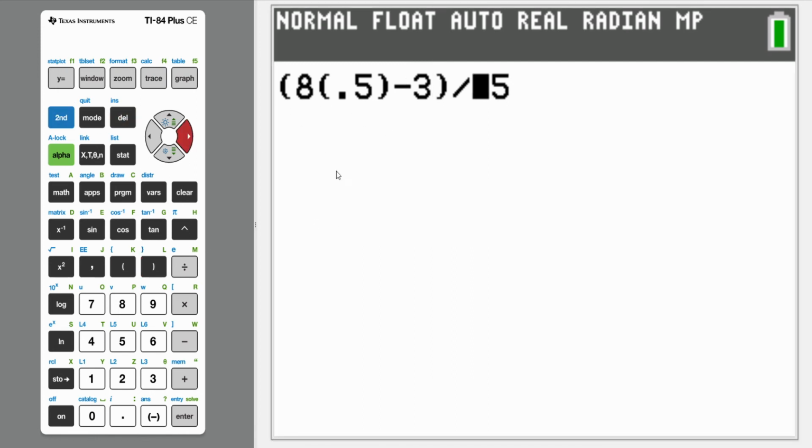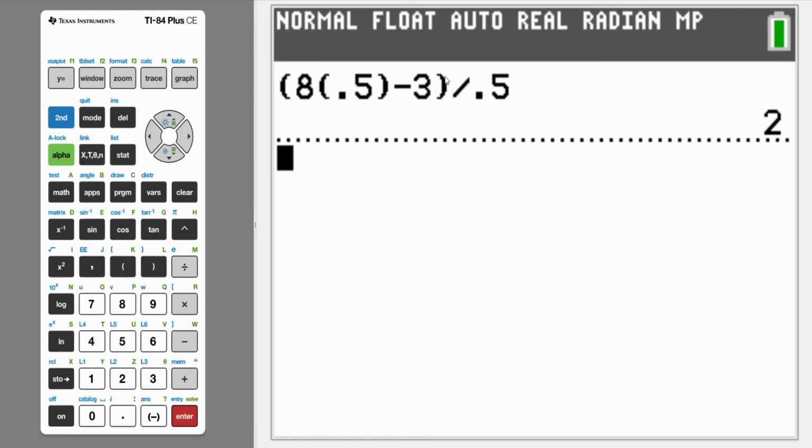The top part has to be done first, and once I have that final answer, I can divide by 0.5. So it is a calculator accessible problem, but just be careful when you're typing in fractions that you're putting the numerator and the denominator in separate parentheses, so the calculator knows that's exactly what you want it to do.